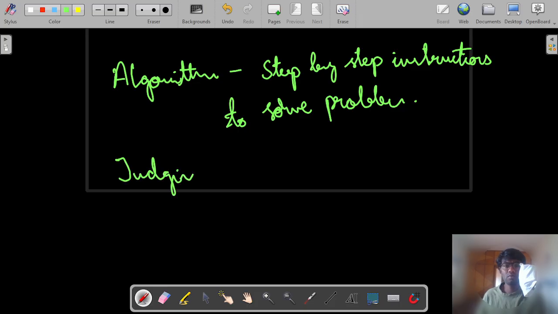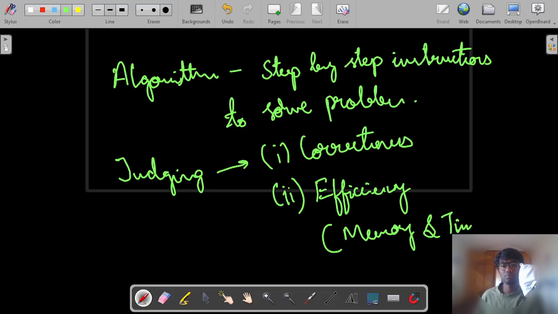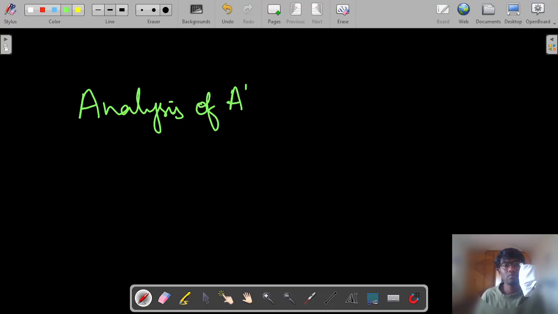Judging an algorithm is done by one, correctness, and two, efficiency, memory and time. Analysis of algorithm.